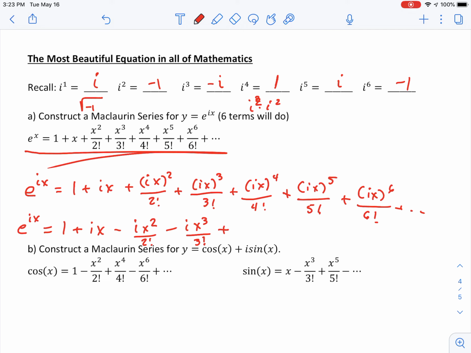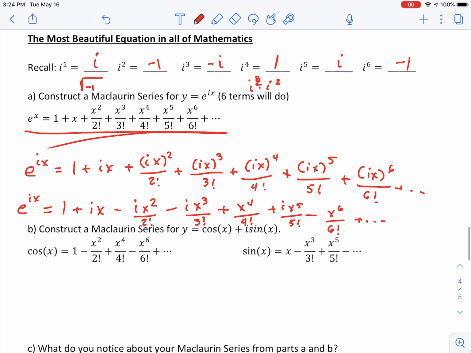Plus, and then we have just back to the beginning, right? So x to the fourth over 4 factorial. Plus ix to the fifth over 5 factorial. And then we've got this back to negative x to the 6th over 6 factorial, okay? And this would continue on and on and on.